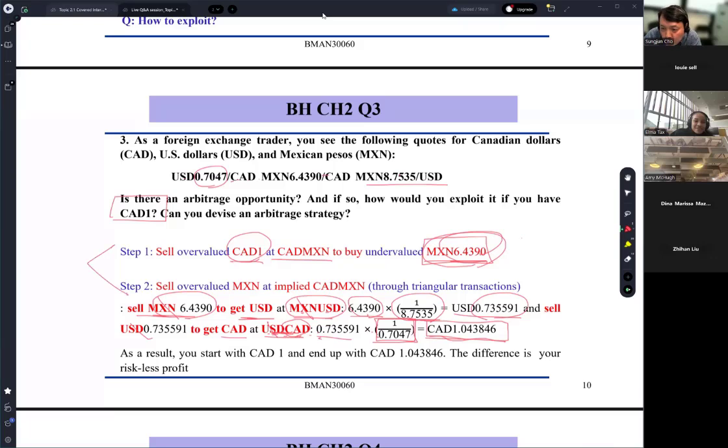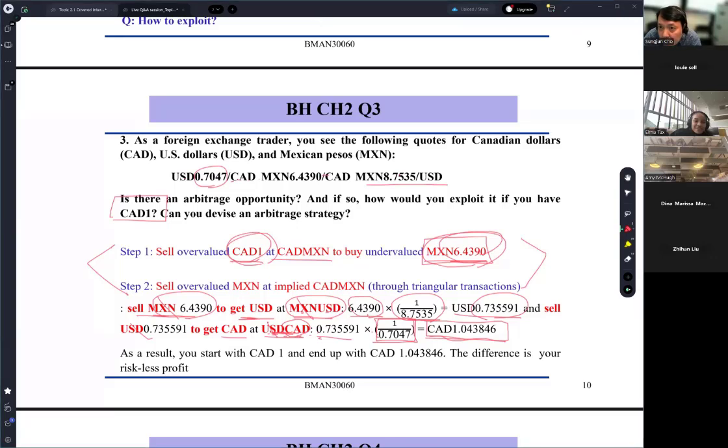Then using those 2 set of prices, we need to determine at which price Canadian dollar is overvalued or undervalued. Now, in order to exploit this arbitrage opportunity, you have to sell Canadian dollar at a higher price, and you have to use triangular transactions to buy back Canadian dollar at the end. That's the whole procedure.